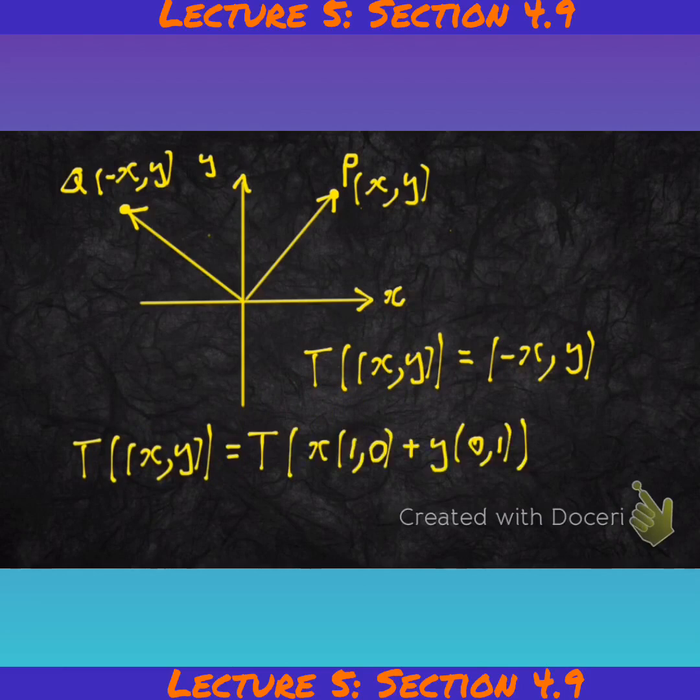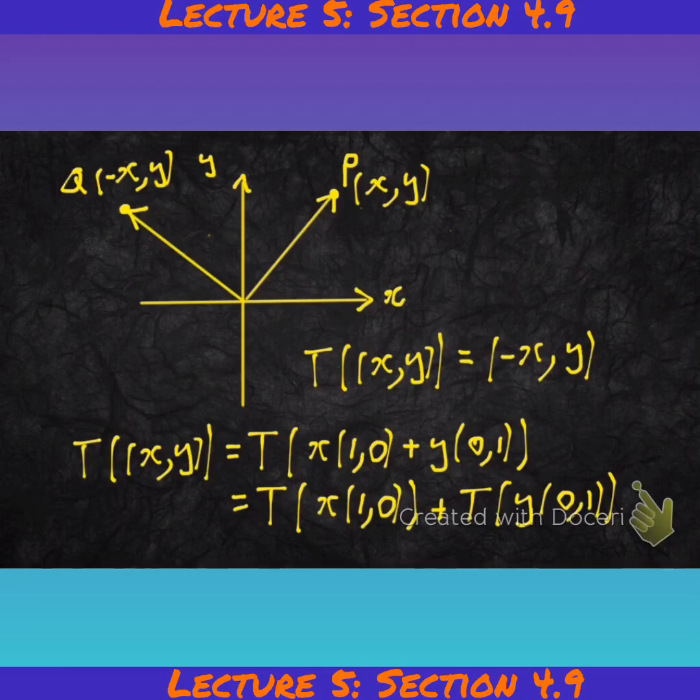We can write the vector x, y as a sum of two scalar multiples of the standard unit vectors, because we know the standard unit vectors form a basis for R2. We know that T is linear, so T distributes over the sum of two vectors, and the scalar multiple property also holds, so that we can replace with.